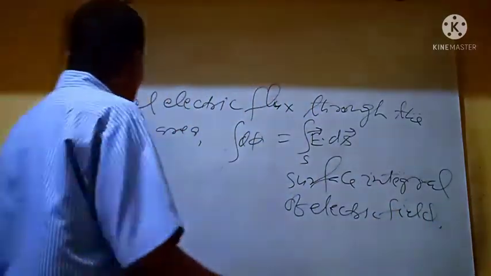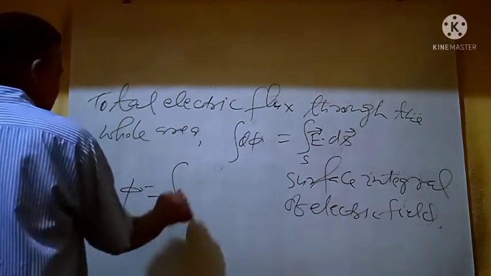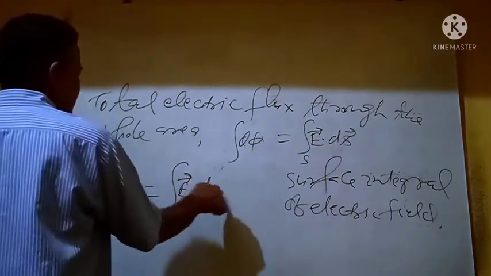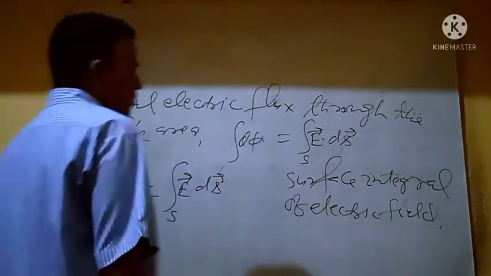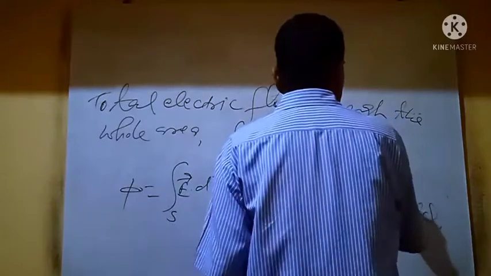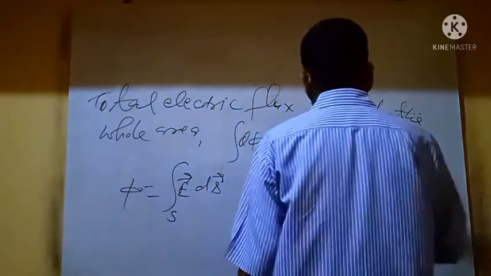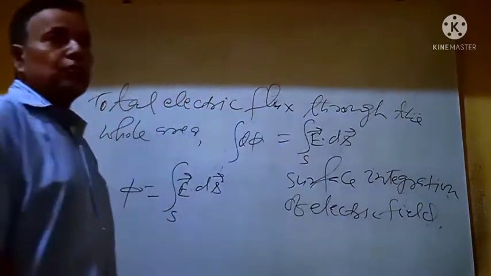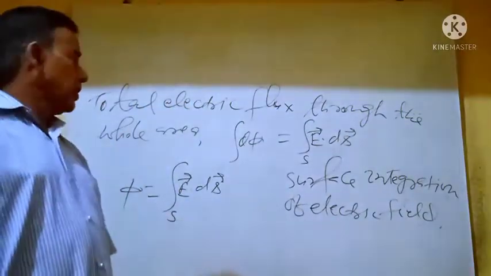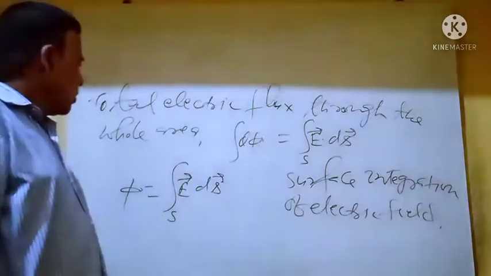So what is phi? Phi is equal to the surface integration of electric field. So what is electric flux? It is written as the surface integration of electric field.